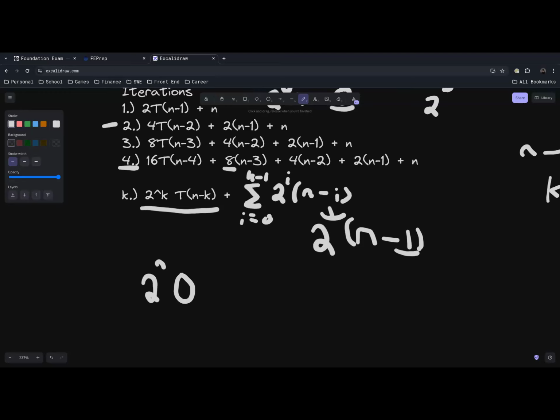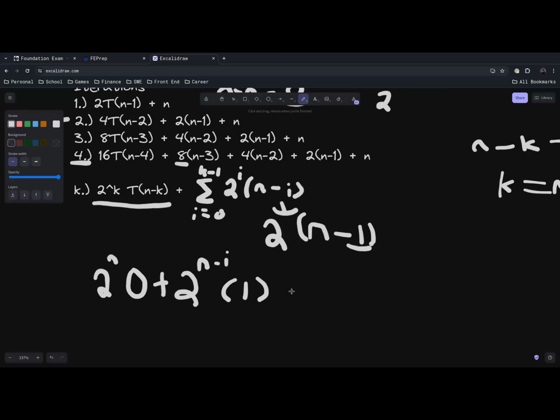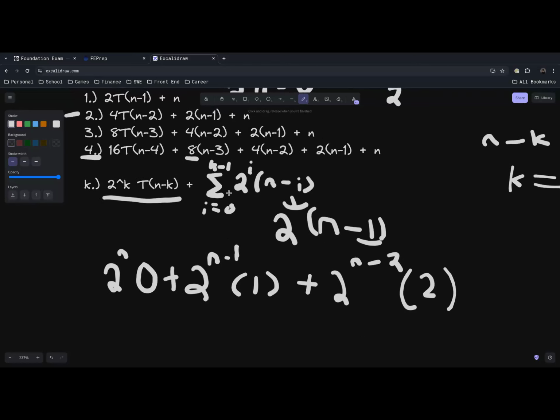Because essentially what they say in the result here is, since this is 2 to the n of 0 and the first term is 2 to the n minus 1 of 1. This is 2 to the n minus 2 of 2. Well, I'm trying to figure out what they mean by this.